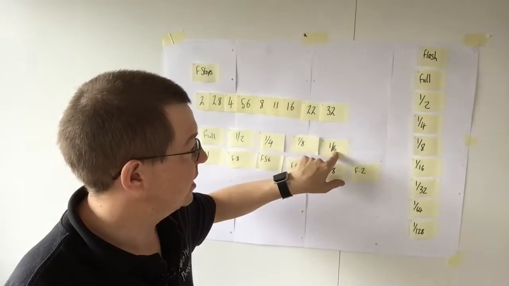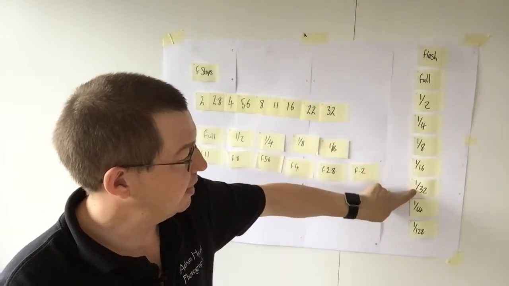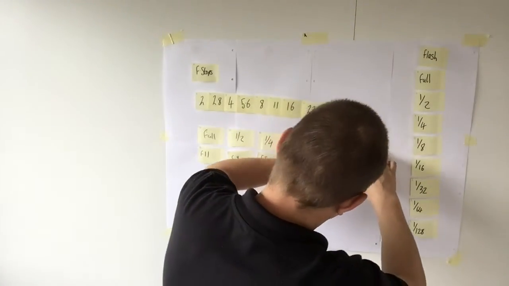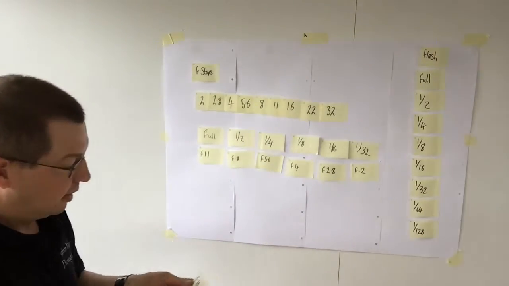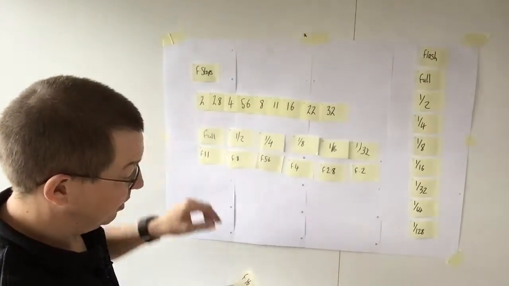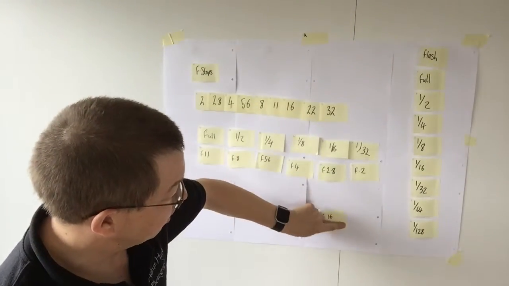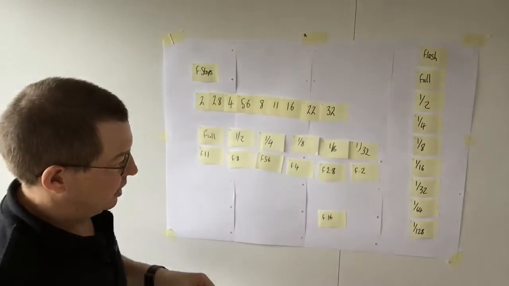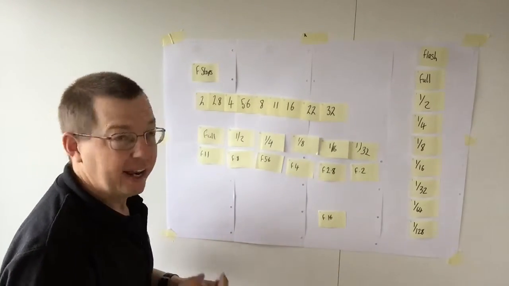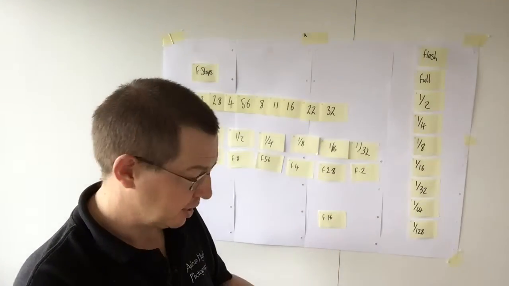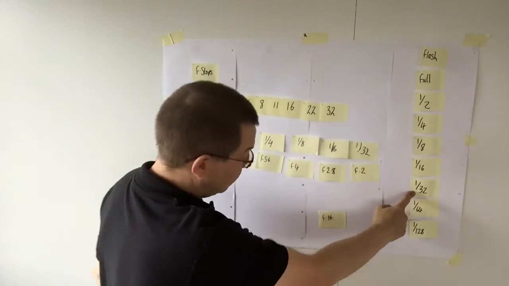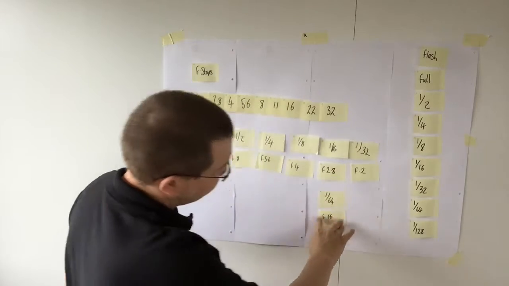So 1/16 here, one more down, 1/32. And if we wanted to go down one more, I haven't put it in here, but the f-stop after that is f1.6. At f1.6, we need even less light coming out of that flash. So we're here at 1/32, half the light again is 1/64.